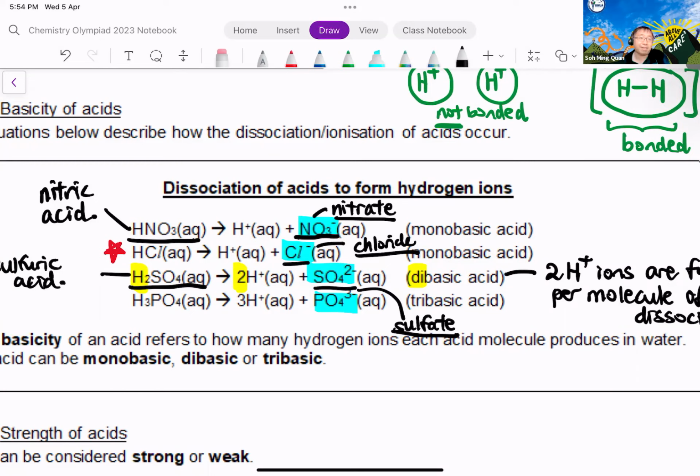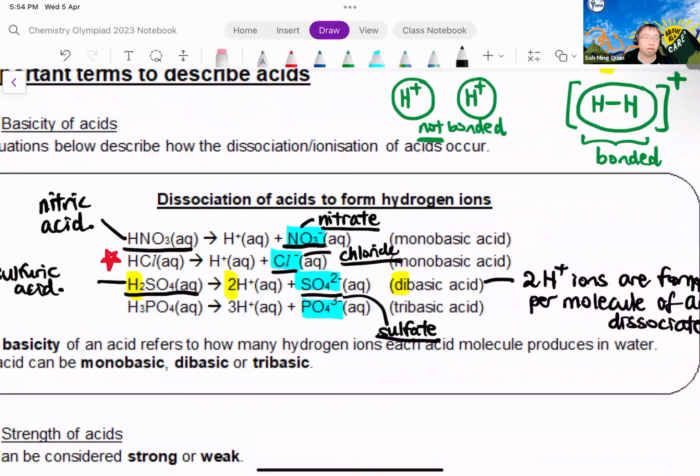Now, the next thing that my Sec 4 students probably should listen up on is, how does basicity matter? Why is it so important to know whether something is mono, di, or tribasic? If you read the definition, dibasic means 2 H+ are formed per molecule of acid, which means that a dibasic acid has more H+ ions.